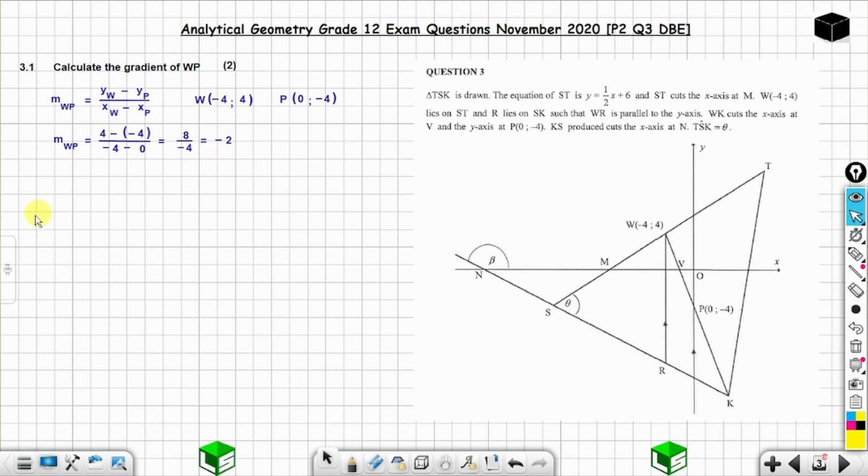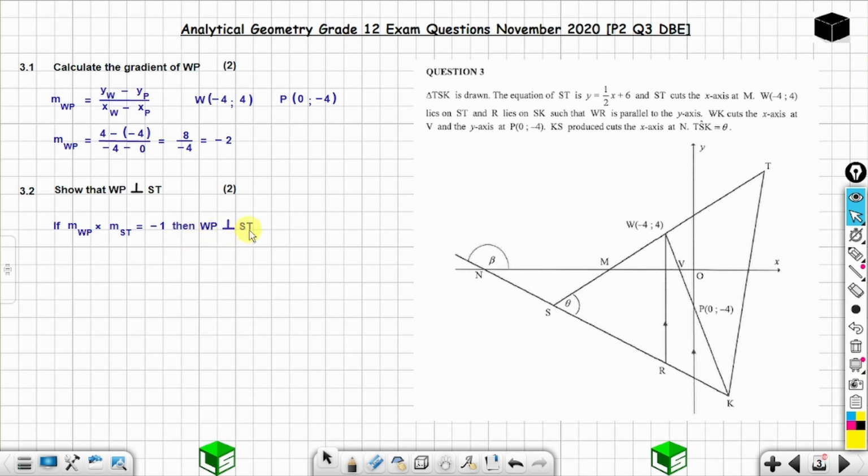Now question 3.2, show that the line WP is perpendicular to the line ST. If the gradient of the line WP times the gradient of the line ST is equal to negative 1, then the two lines are perpendicular to each other.